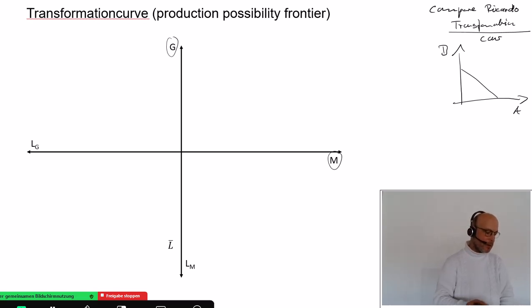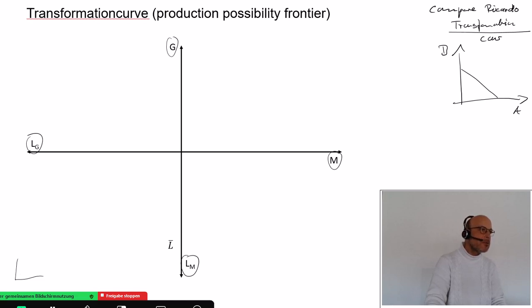And therefore, on the down left quadrant, you see here, I'm writing down the labor amount of the industrial sector, and to the left, the labor amount of the agricultural sector.